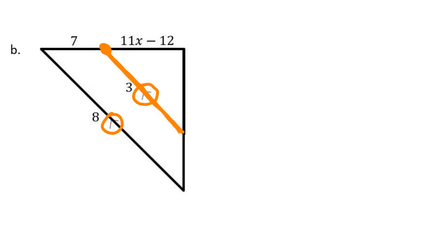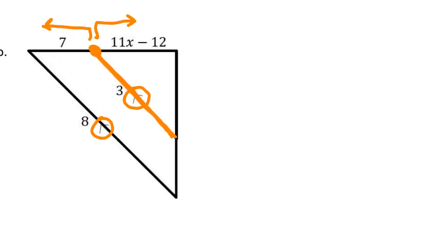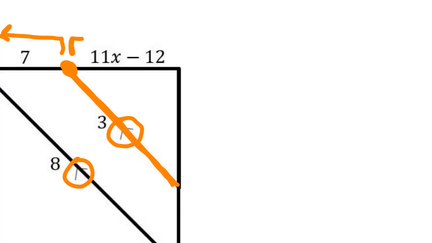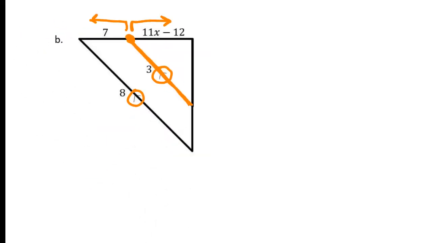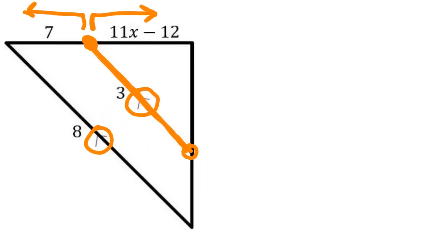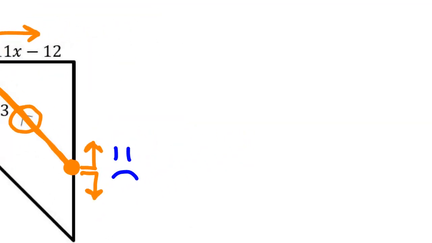Up here, I know both sides. I have 7 and 11x minus 12. On the other wall of the triangle, do we have both pieces? No, right here, I don't have these pieces. So how do I have to set this up? Yes, big over small, big over small.